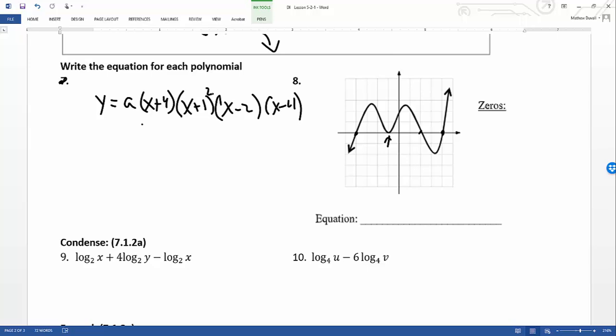And then pick another point to plug in. That would be this value here, which is 0, 2. And so 0, 2, 2 equals a times 0 plus 4 times 0 plus 1 squared times 0 minus 2 times 0 minus 4.